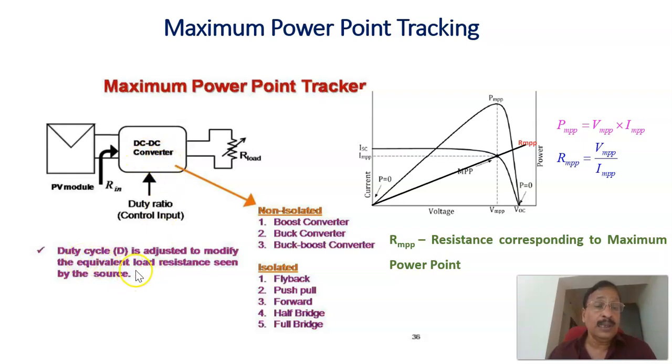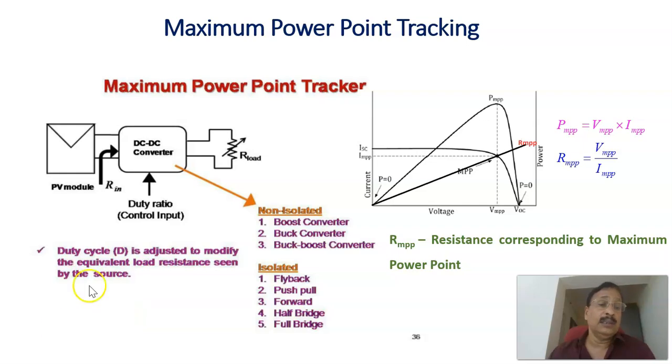Therefore, the duty ratio D is adjusted to modify the equivalent load resistance seen by the source. That is, the resistance seen at this point is made equal to RMPP, where RMPP means the resistance corresponding to the maximum power point, VMPP divided by IMPP.